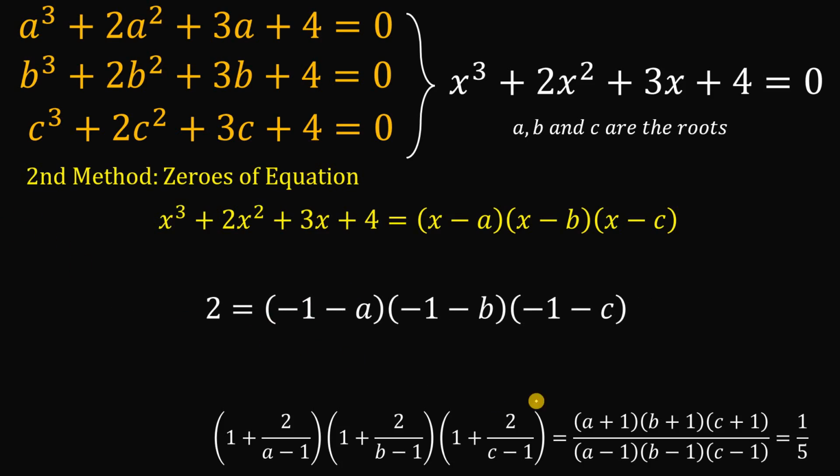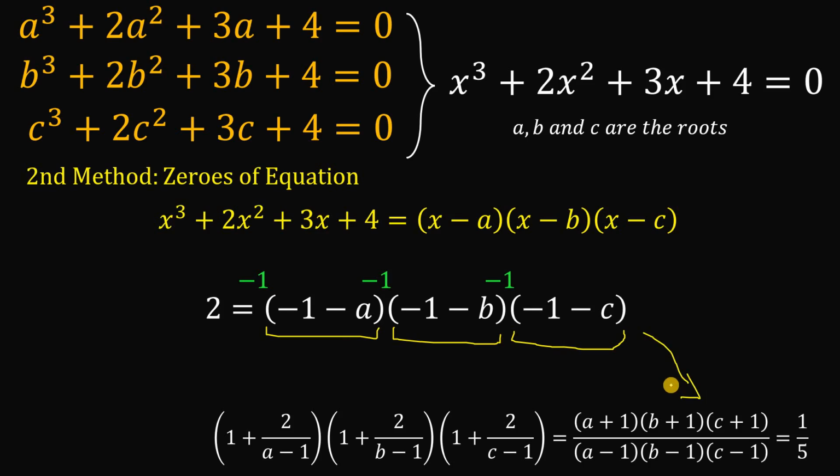Now, this is not a plus 1, b plus 1, c plus 1. But if we factor out negative 1 from these three expressions, this will give us 1 plus a, or a plus 1. This becomes 1 plus b, or b plus 1. This becomes 1 plus c, or c plus 1.